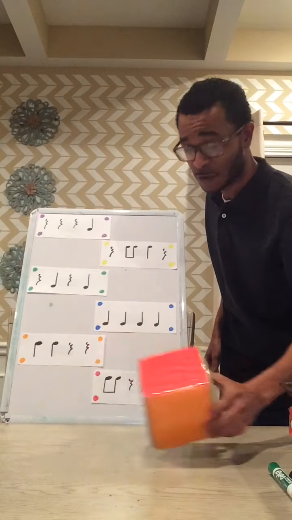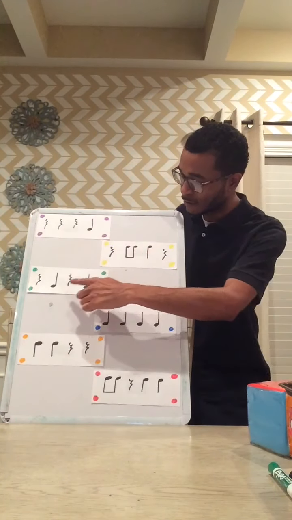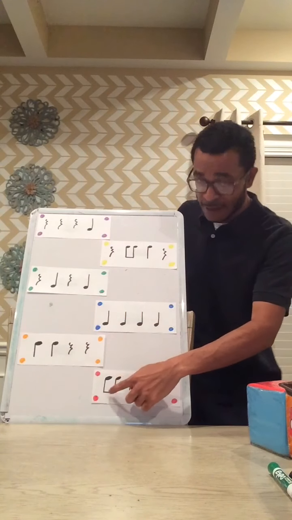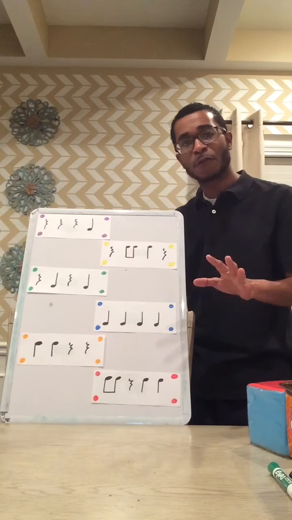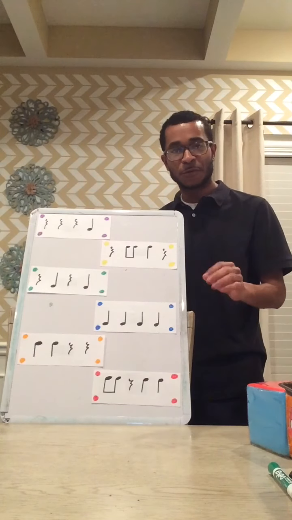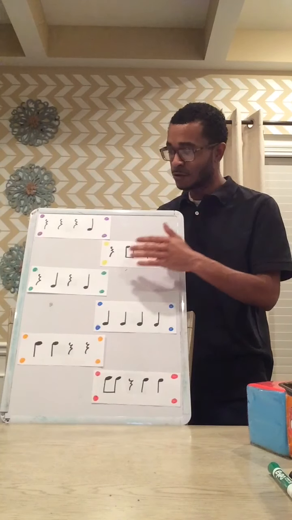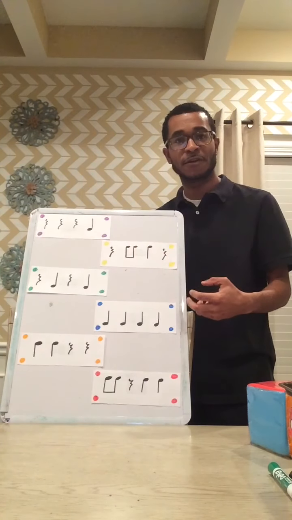Red. So let's go to our dry erase board and let's find the color red. There it is at the bottom. Now, before you clap, I want you to pause your computer and take your time. I want you to do that with each notated rhythm that we have here on the board.